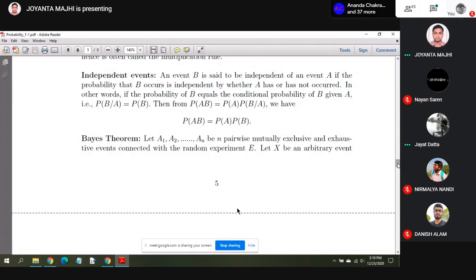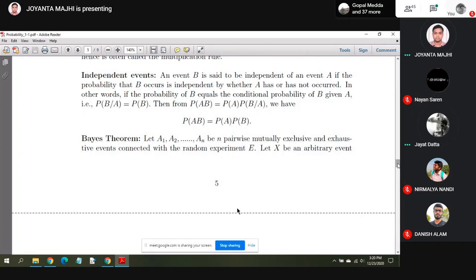Independent event A. If we consider that the random experiment is throwing a die, then we consider one event A is when the outcome is 3, and we name an event B when the outcome is even, that is, either 2 or 4 or 6.